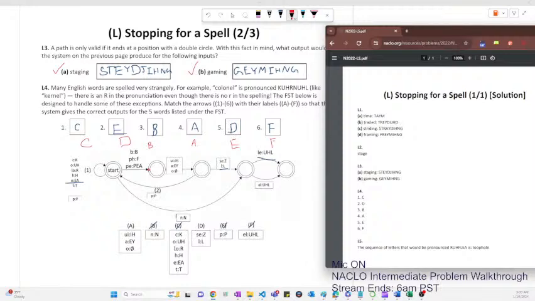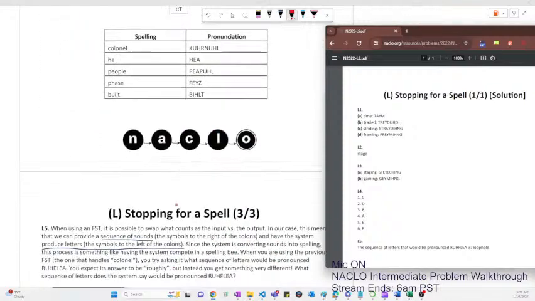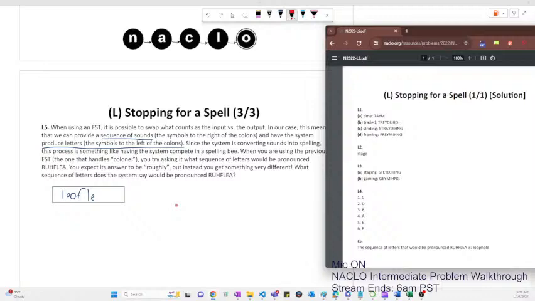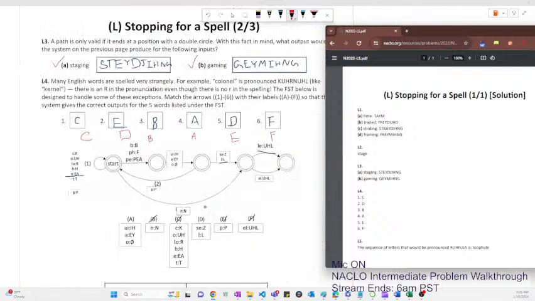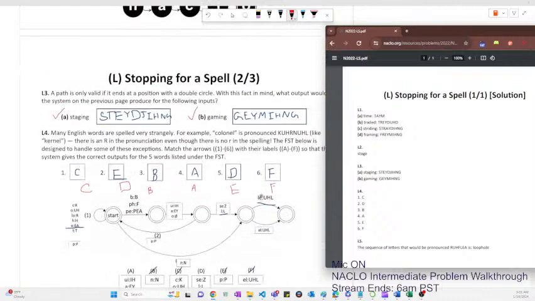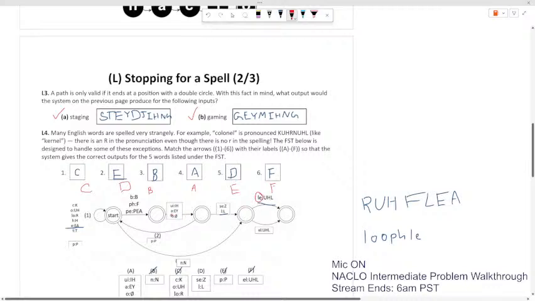L-O-O, right? Wait, but PH is literally F. Oh, okay. I think I messed myself up because I messed up the input and the output thing. So I got LE. It's just like F here, PH.